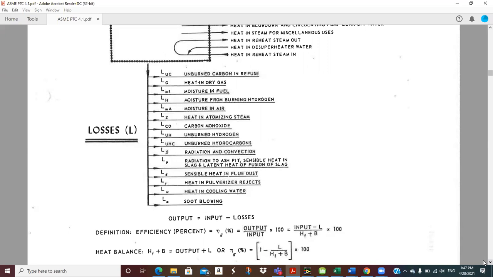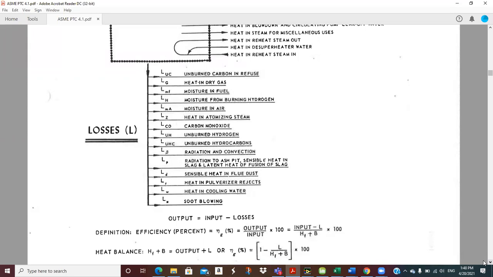Heat in pulverizer rejects. I think I mentioned this last time. The pulverizers are these bowl-like devices, and they have a plunger that's probably 3 foot in diameter that spins around and pins the coal up against the side of the wall as it goes around in a circle and crushes it. Occasionally you get a rock or some inorganic material out of the coal, and they're designed so that stuff can fall to the bottom and come out.